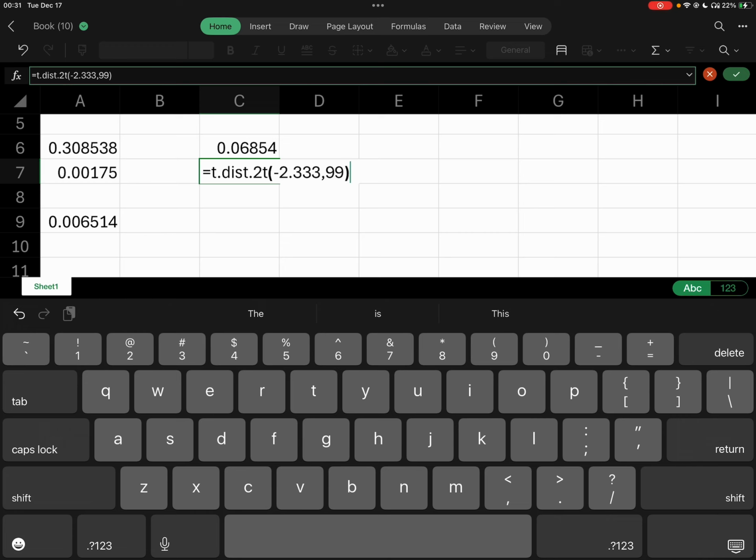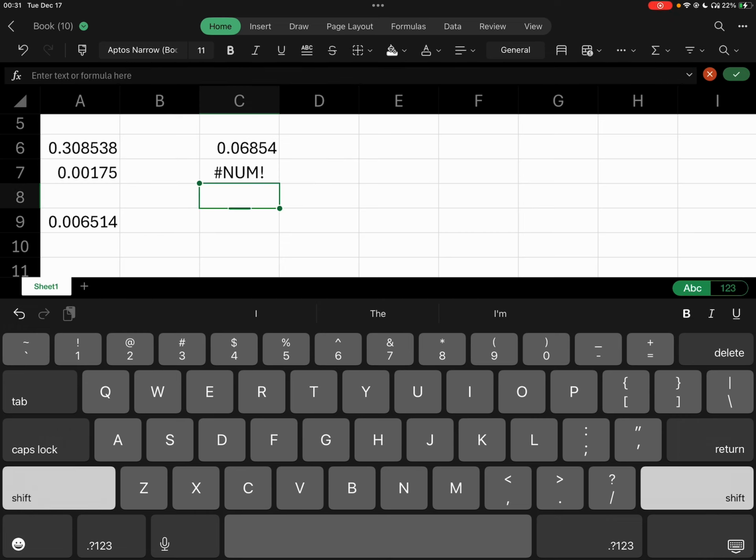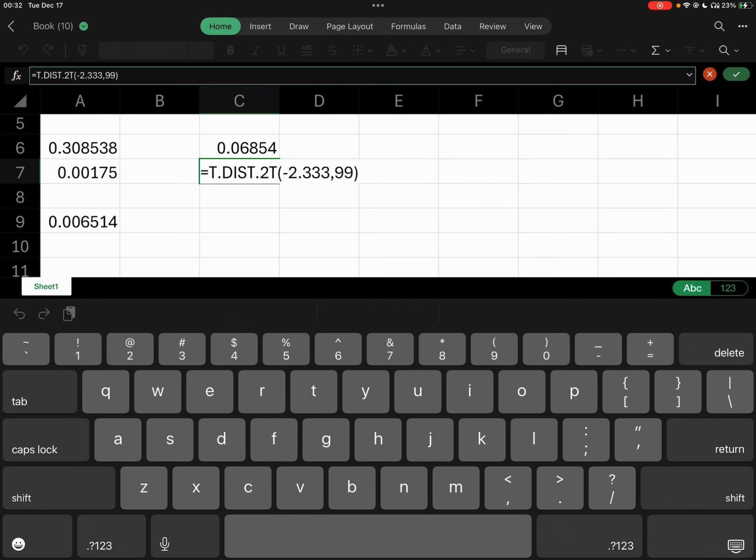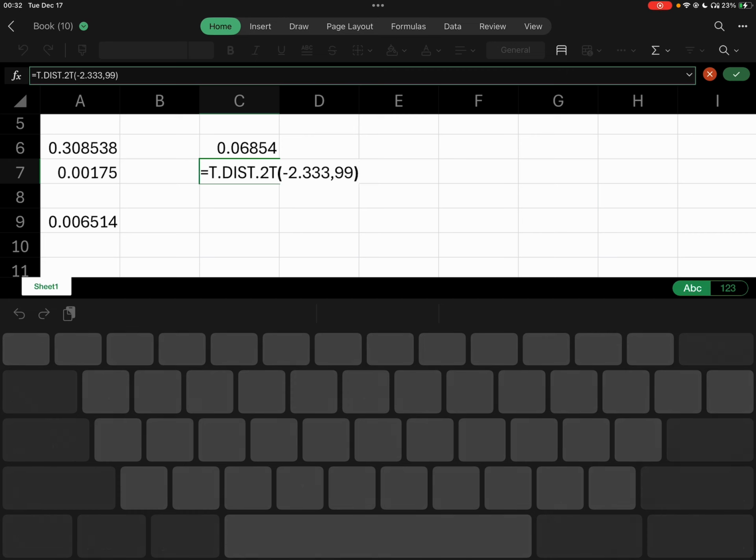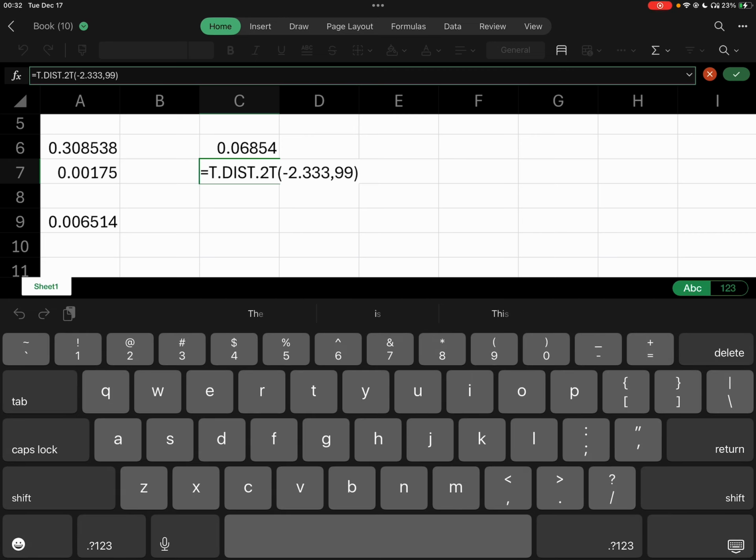If I hit enter, I get an error message, because this function, t.dist.2t, will not let me plug in a negative number for the t-score. It says, hey, you need to plug in a positive t-score.